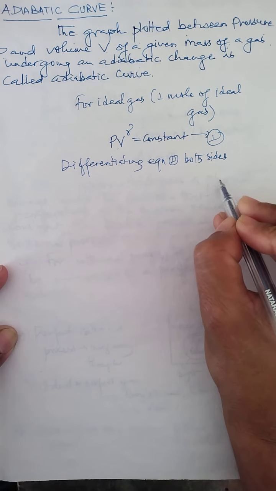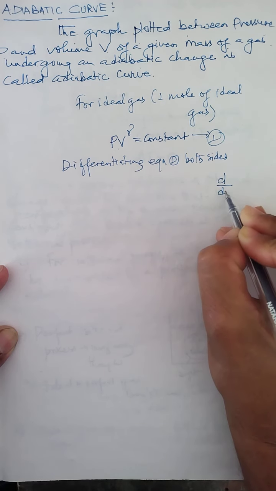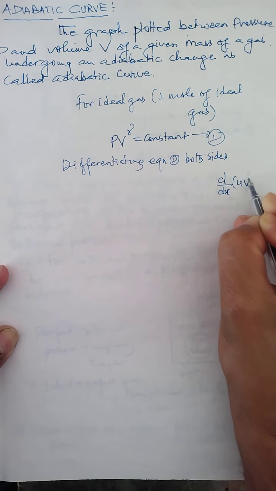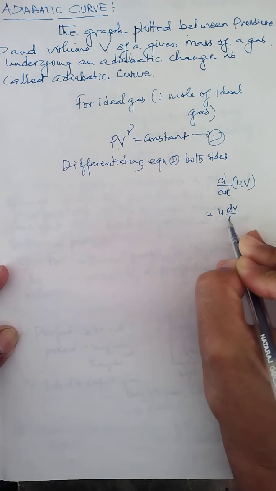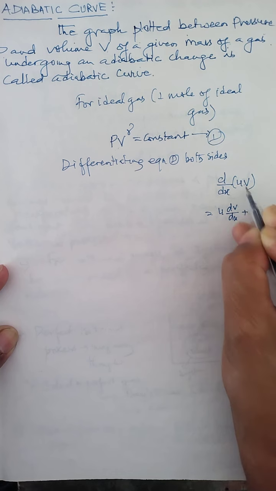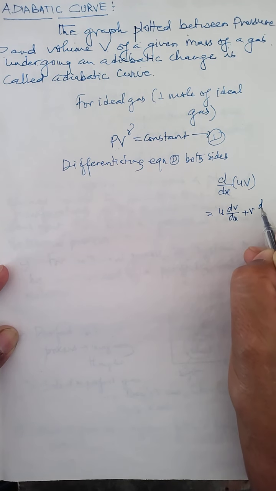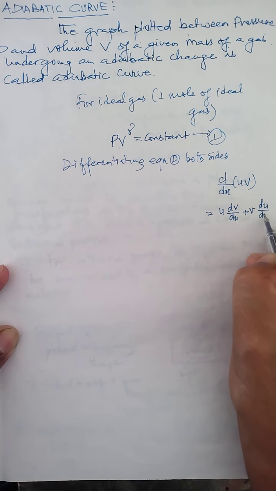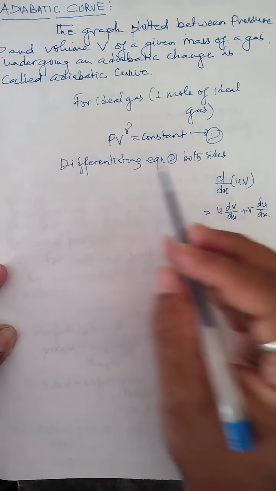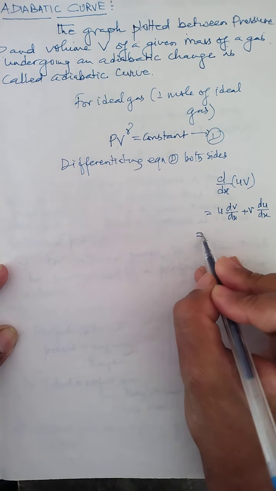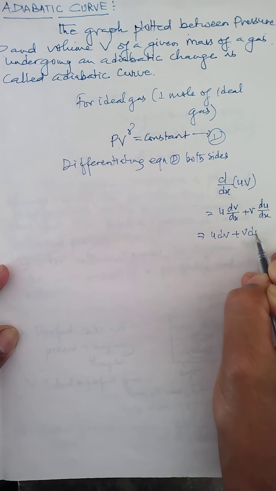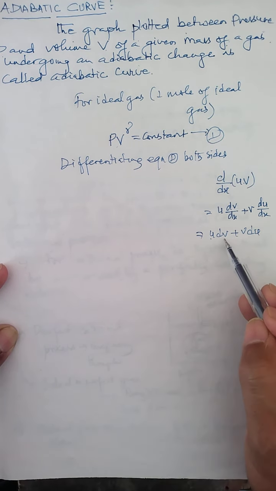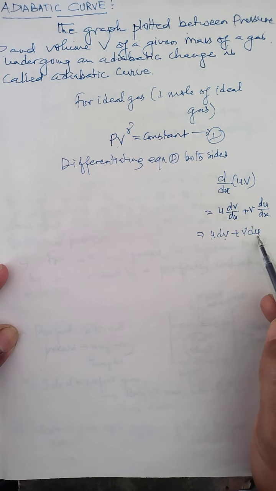And there is a formula, children, let me write it down. d by dx of UV is U times the differentiation of V with dx, plus V, the second variable, times the differentiation of the first variable with dx. When you differentiate both sides, we can simply write this relation as U dV plus V dU: first variable times differentiation of second, plus second variable times differentiation of first.